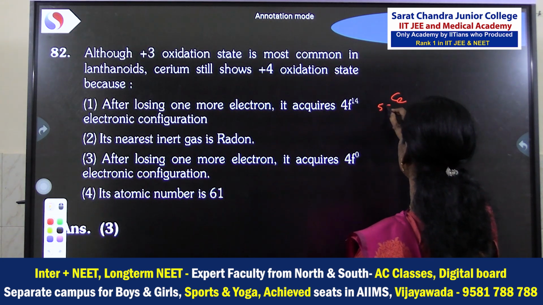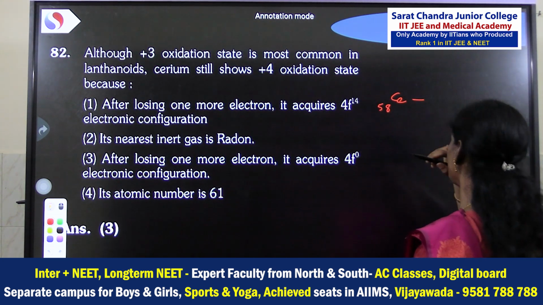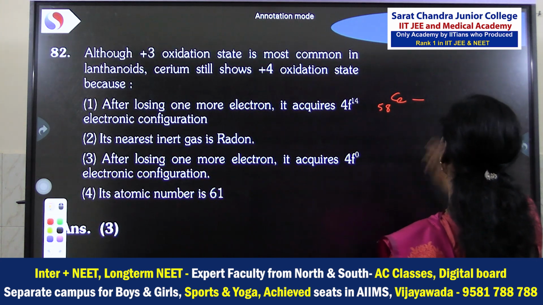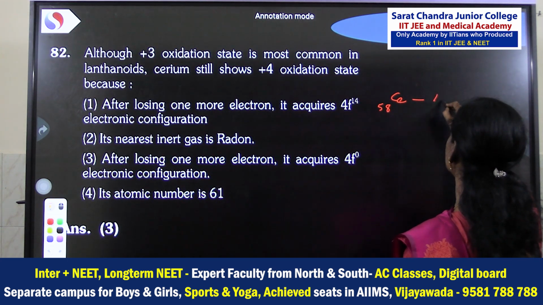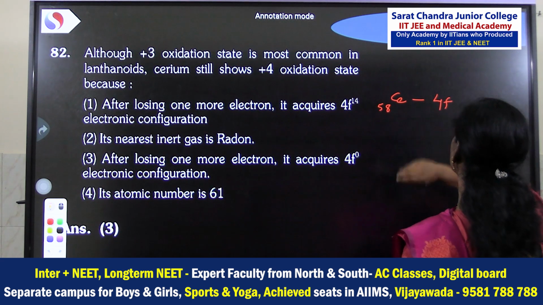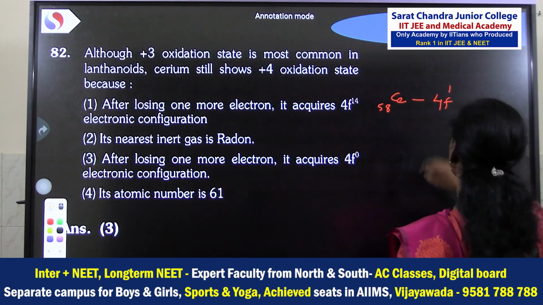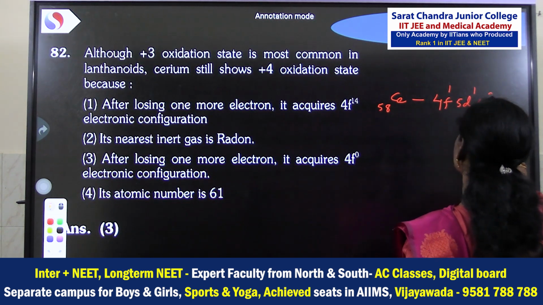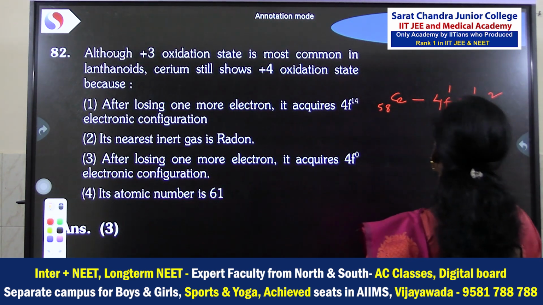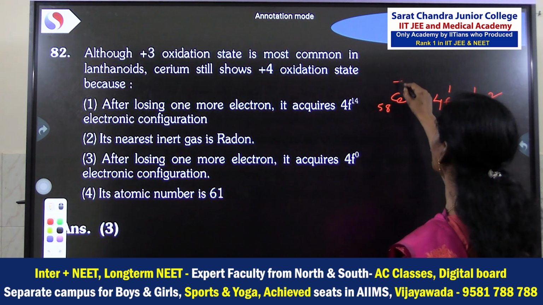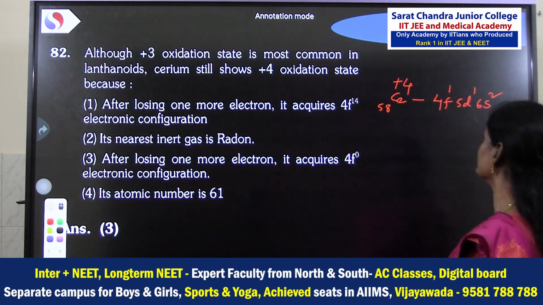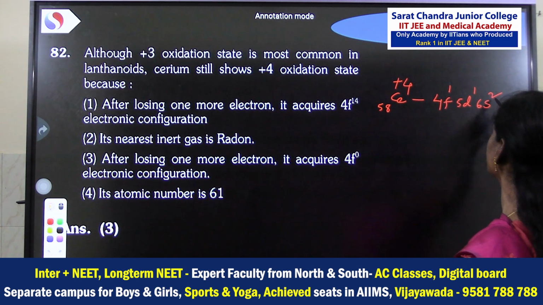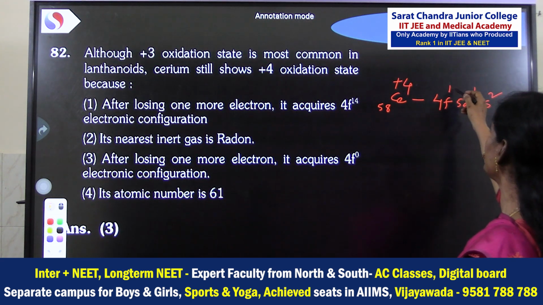Its atomic number is 58 and its electronic configuration is 4f1, 5d1, 6s2. In +4 oxidation state, the 2 s electrons, 1 d electron and 1 f electron, all 4 electrons, are lost.